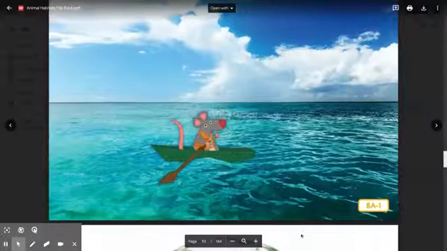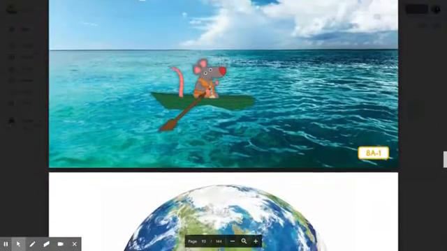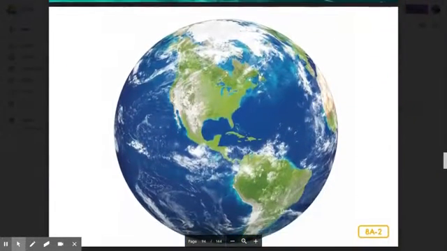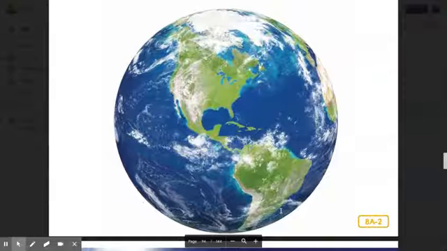It's hard to imagine, but more of the earth is covered in water than in land. Most of the water is salt water in oceans and seas.